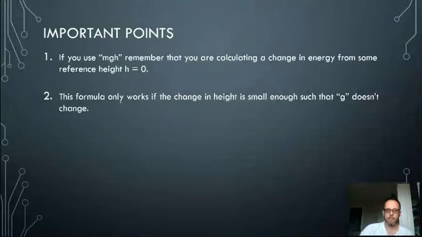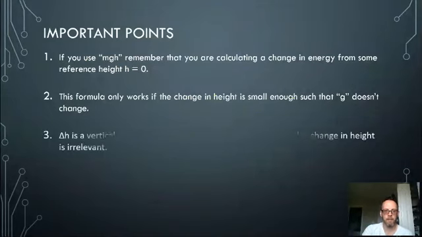But elevation and other factors can actually change g slightly. And if we're changing the height drastically, like say launching a rocket, then that change in g is actually significant. And we'll learn how to deal with that later. But if you're using mgh, we're using this in problems where the change in height is pretty small, so we can assume g stays constant.